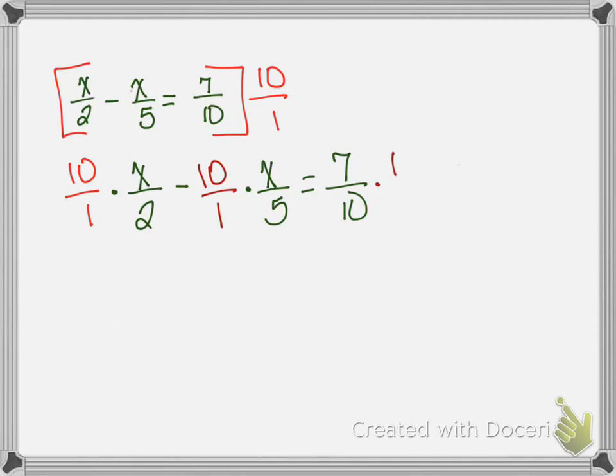And then I've got 7 over 10 times 10 over 1. Okay? Now, if you dealt with this negative sign early, that's probably a better way to do it. My subtraction sign becomes what?